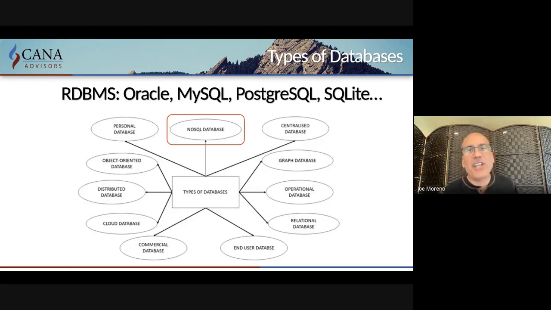As the name suggests, you don't use SQL, but the big strength of a NoSQL database is that it's good for millions and millions of rows of data stretched across multiple databases. So a NoSQL database basically is not a relational database, but it allows very, very fast lookups of data when you have millions and millions of rows.